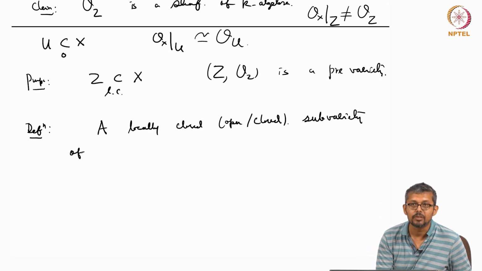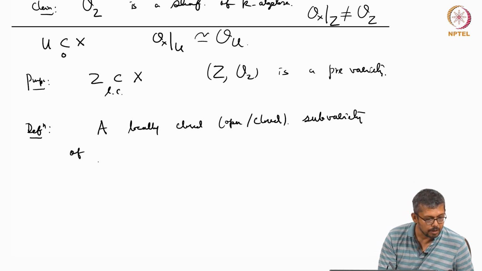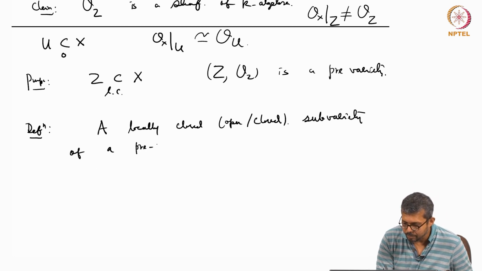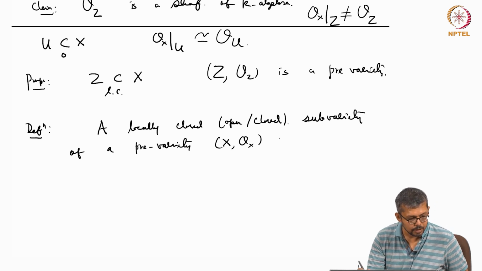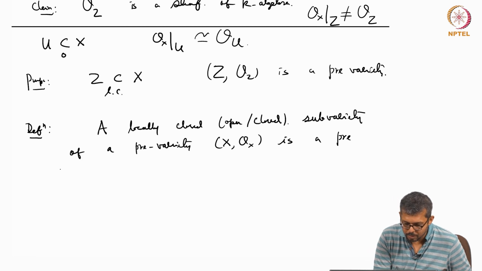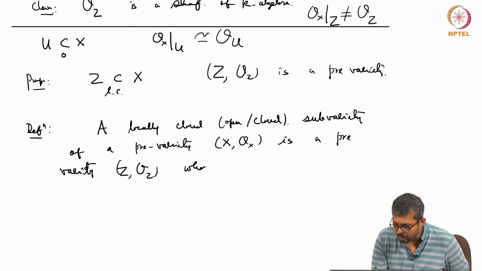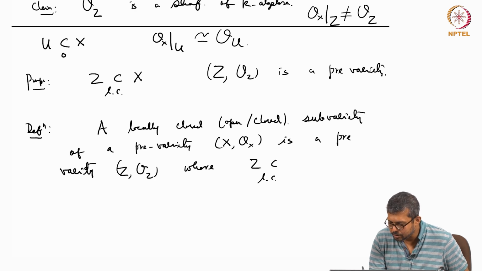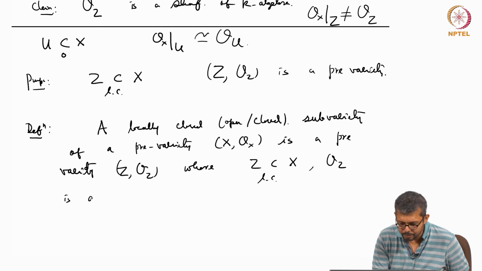A subvariety of a pre-variety (X, O_X) is a pre-variety (Z, O_Z), where Z is a locally closed subset and O_Z is as above.